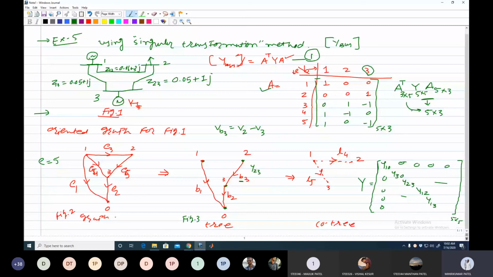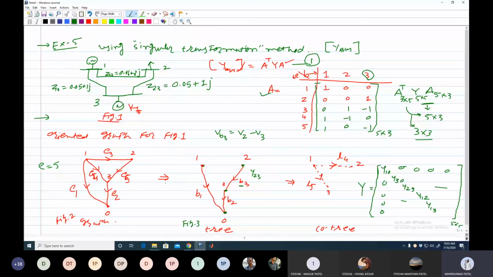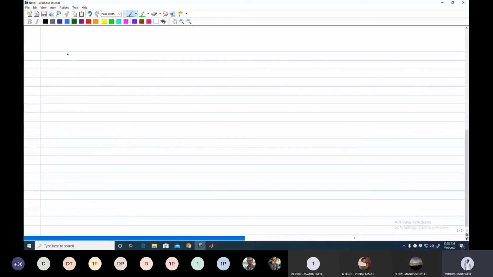Now you have to calculate the line parameters, which are given in impedance form. So you have to convert them into admittance form. So the next step is you have to calculate y12, 1 divided by z12, same way 13 and 23.